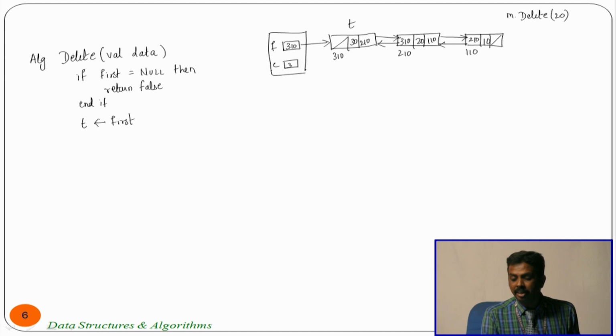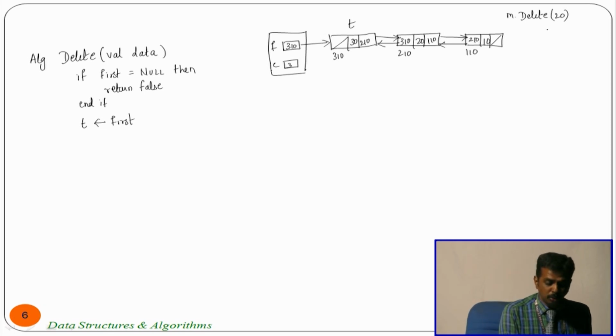For example, if the data is 5, you will check 30 and 20 and then 10, then t will reach null. By then it will get terminated, so I can say the data is not found. So all the nodes need to be checked. The t needs to be moved from the first node to the last node, so t is not equal to null.